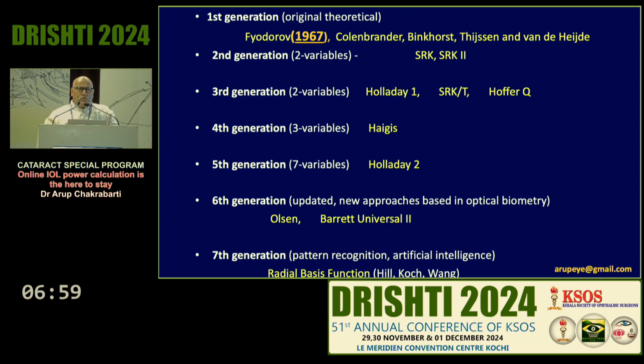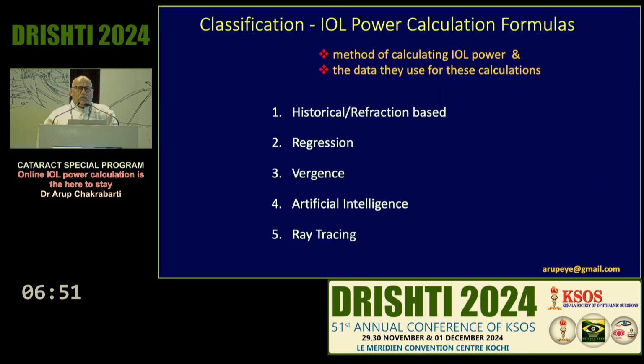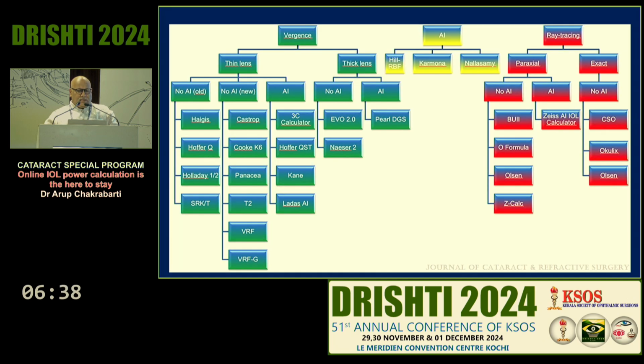Generationally, we use this generation classification of IOL formulas. This is very chaotic, very random, and doesn't really make much sense in today's scenario. So a couple of years back, Warren Hill and his team reclassified the IOL power calculation formulas based on the method used to calculate the power and the data used for these calculations.